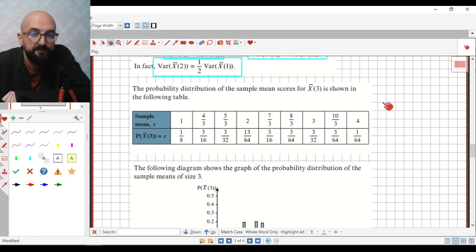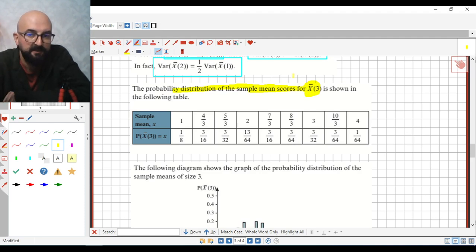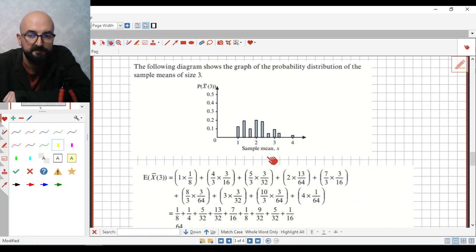And the probability distribution of the sample mean for size 3 is shown in the following table, and we can say we spin the spinner 3 times. We have outcomes, and our outcomes mean sample means, and the probabilities of all the outcomes are in this table, and our graph is here.